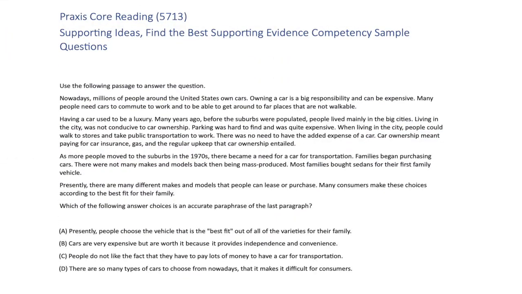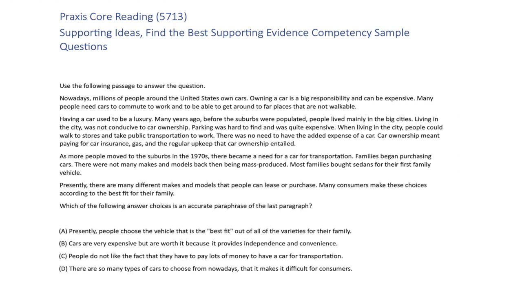You're going to use the following passage to answer the question. Remember to pause and read the passage and then unpause to go over the question and answer choices. The question says, which of the following answer choices is an accurate paraphrase of the last paragraph? A, presently people choose the vehicle that is the best fit out of all the varieties for their family.